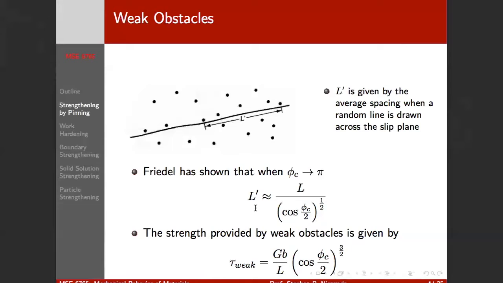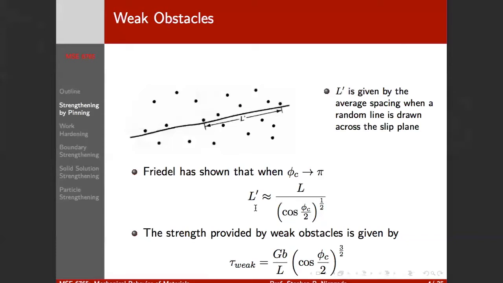And so this becomes an important balance when we talk about precipitation strengthening at the end of this lecture. As the particle size changes, if our volume fraction of solute remains the same and these are precipitates, as our precipitates age and grow they get larger, but if the volume fraction stays the same, our spacing is also going to get bigger because some particles are going to dissolve at the expense of others.